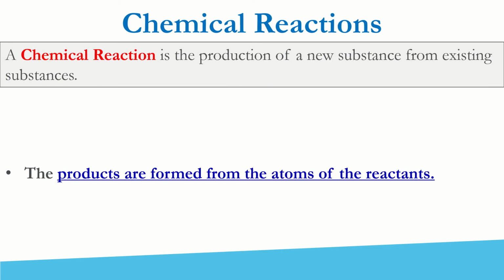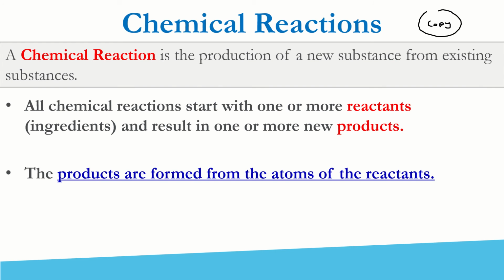Okay, so just something you might want to write down, maybe copy it down as part of your notes. When we refer to chemical reactions, it's the production of a new substance from existing substances. Now, all chemicals start with one or more reactants.